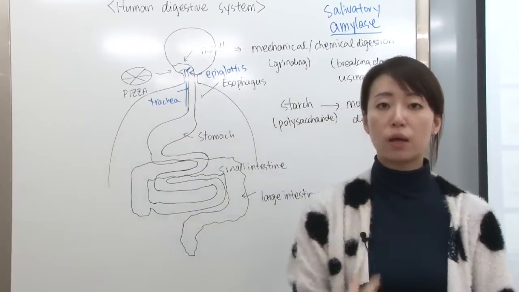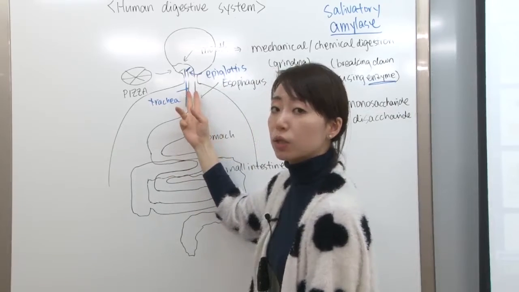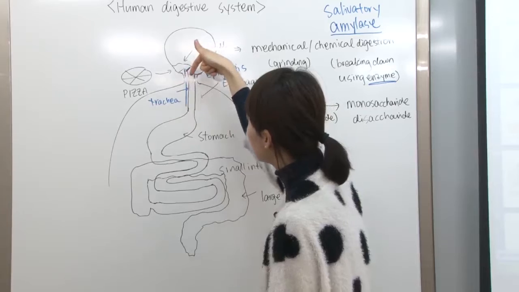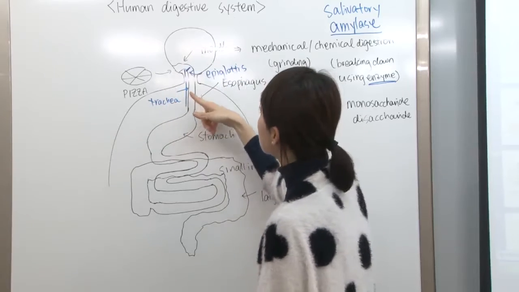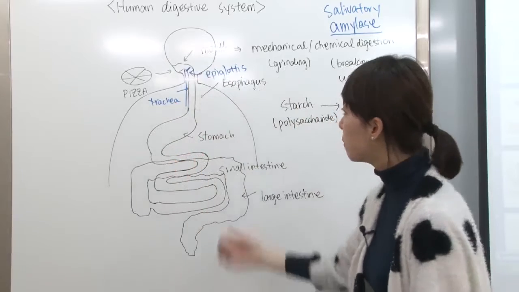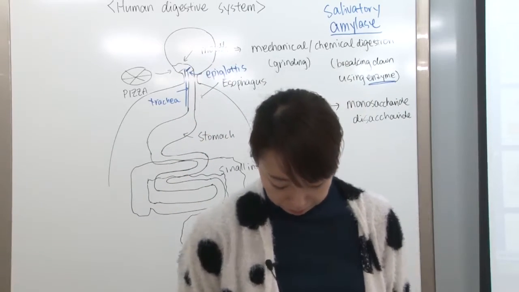The trachea is the airway. The esophagus and trachea are right next to each other, and the epiglottis blocks the food from going to the trachea and directs it to the esophagus. If food goes to the trachea, that's going to be a huge problem. You can't breathe.